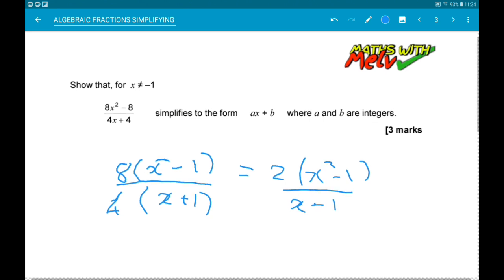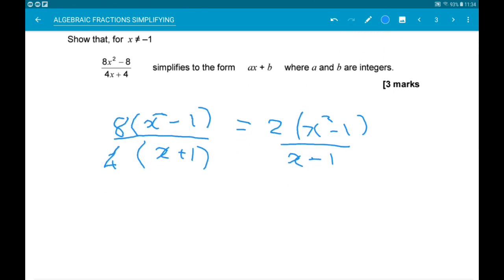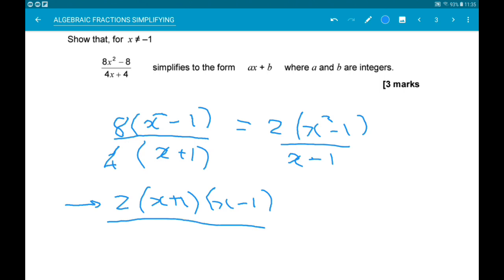Okay, so now again, the thing in the brackets after 2 is a difference of 2 squares. So the top becomes 2 lots of x add 1 times x minus 1, and that is all over x add 1.